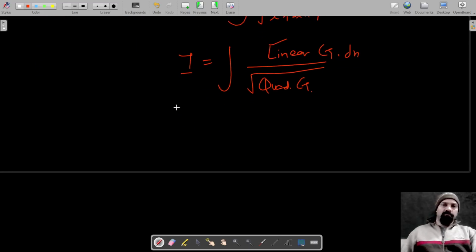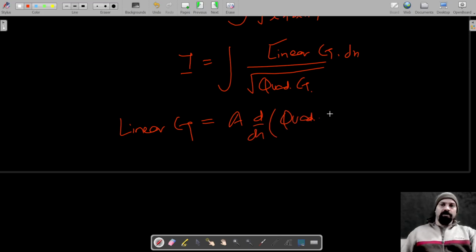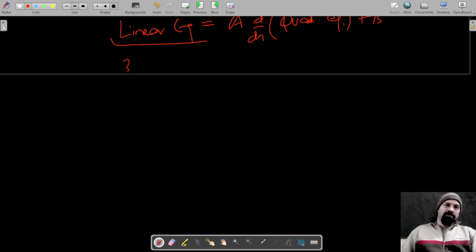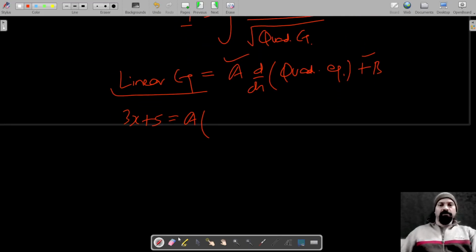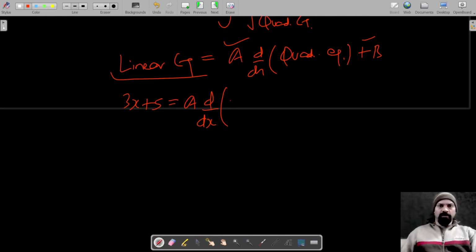When it's of this form, we have to write the linear equation as a into differentiation of the quadratic equation plus b, and we have to find the values of a and b. So the linear equation 3x plus 5 is equal to a into the differentiation of the quadratic equation x square plus 2x plus 4, plus b.